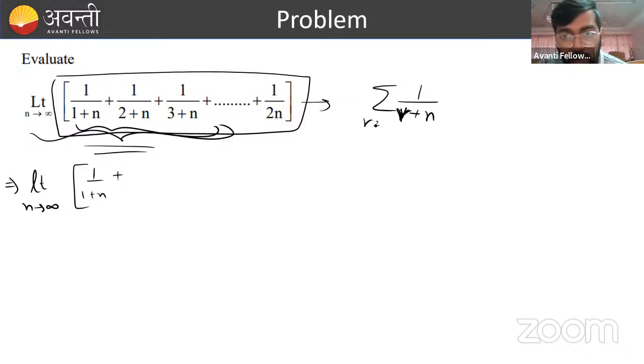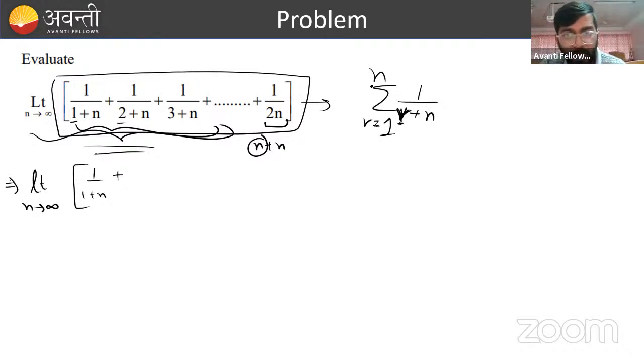R goes from how much? 1 to n, right? As we can see, 1 plus n, 2 plus n, 3 plus n, 4 plus n, and so on. This 2n can be written as n plus n. So what is this r? R is something that keeps changing.